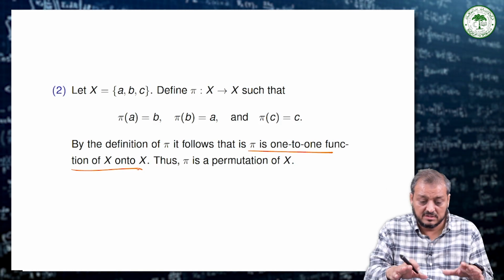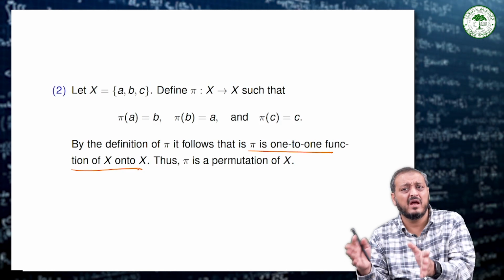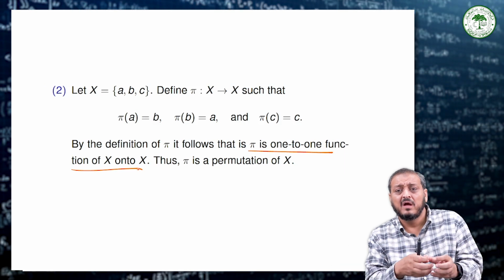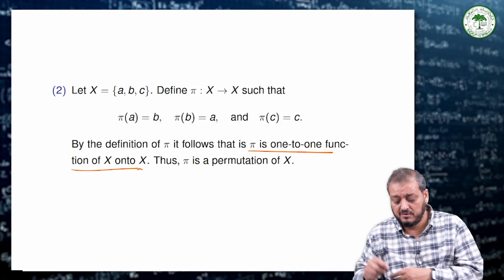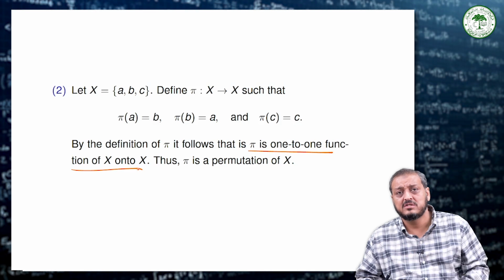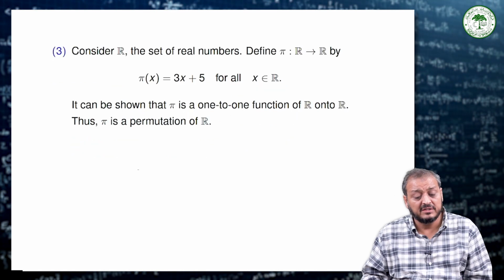This means that a permutation is a map which is bijective from X to itself.